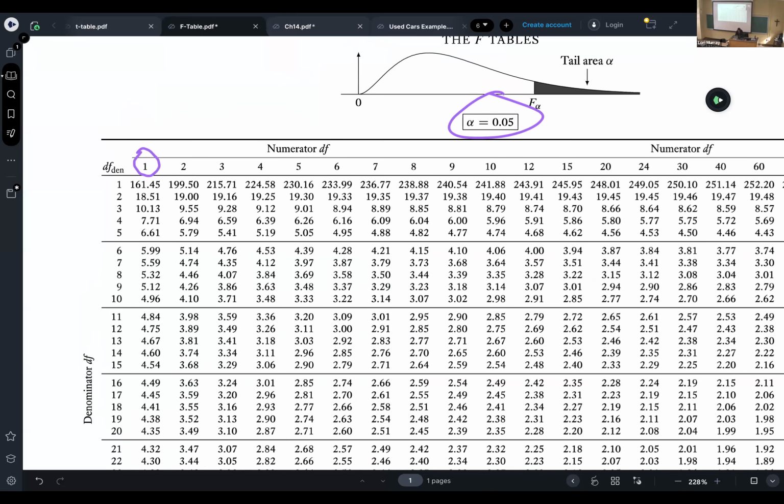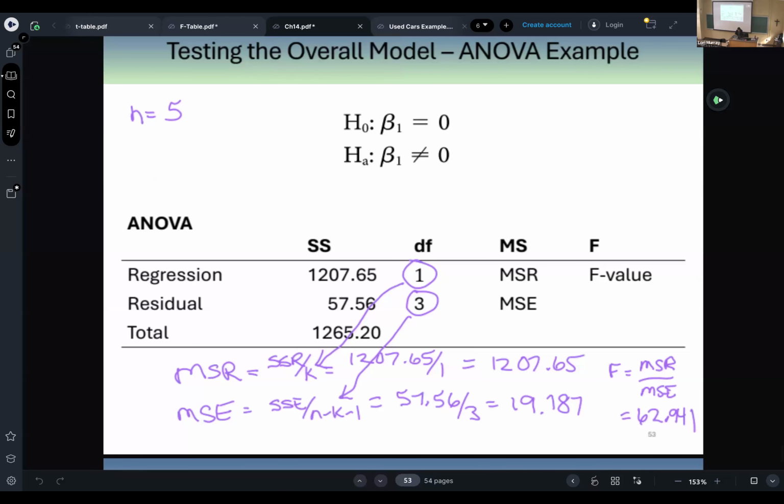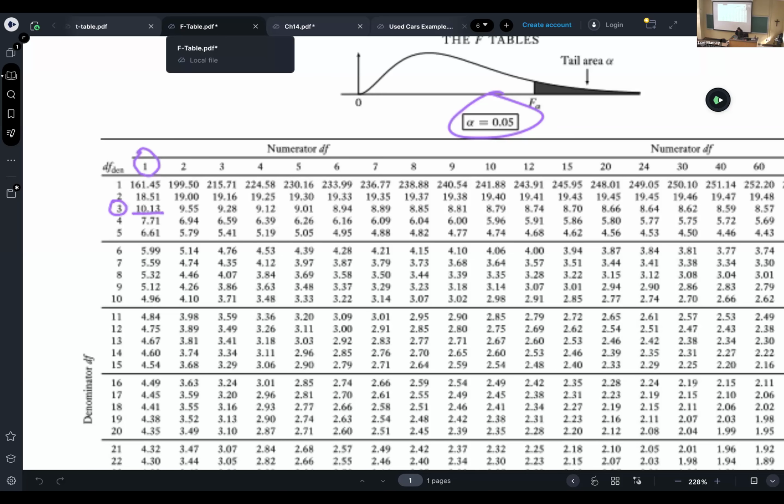And we want 3. Critical value right there, 10.13. Right? If alpha is 0.05, which 99.999% of the time it is with all these tests for output. So that would be the critical value, 10.13.